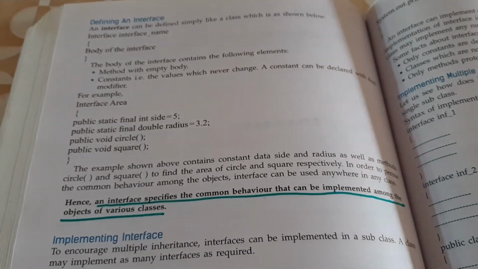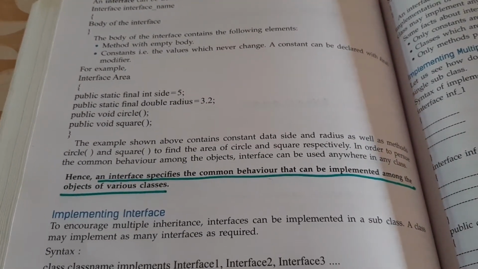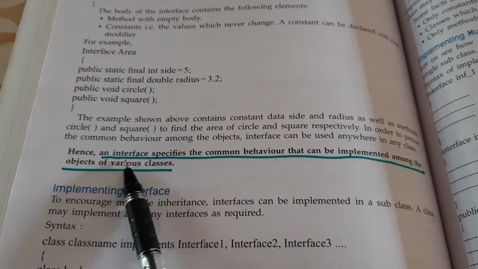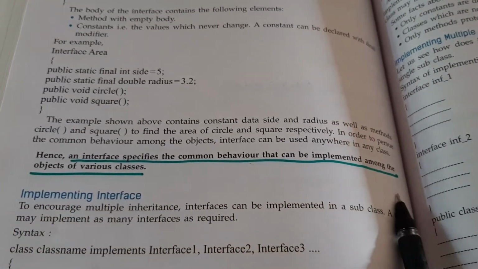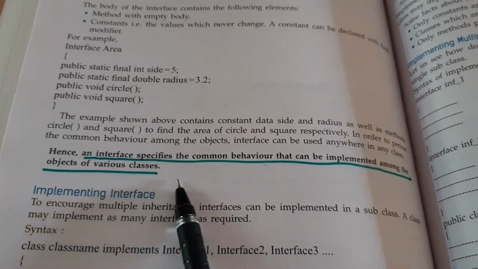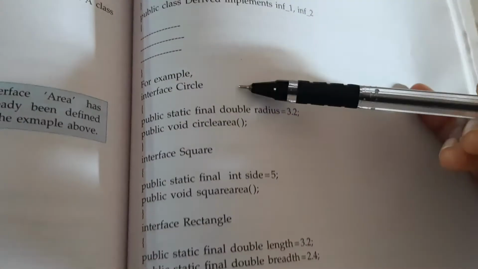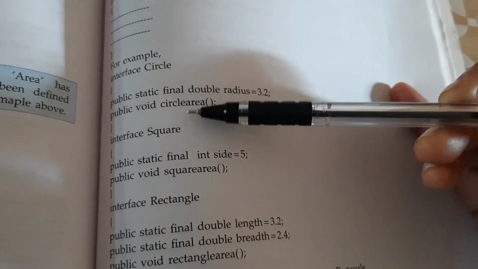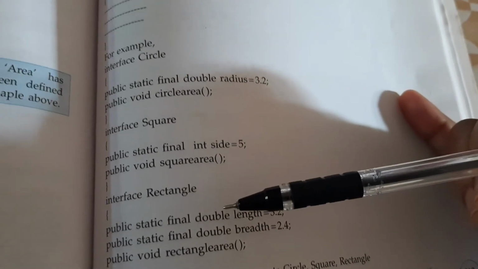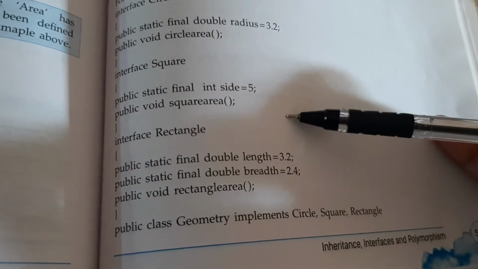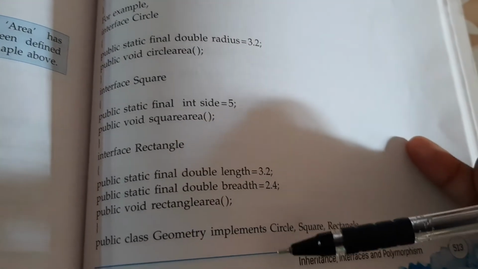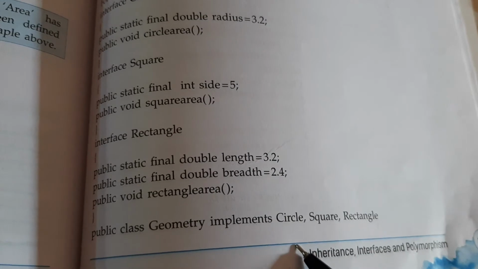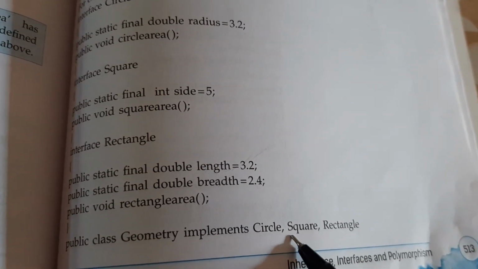So what is the basic purpose of the interface? The basic purpose of the interface is to specify the common behavior that can be implemented among the objects of various classes. If you see here, this is the common behavior they are sharing. What we are trying to find is the area of each shape, and here we have different implementations: Circle, Square and Rectangle.